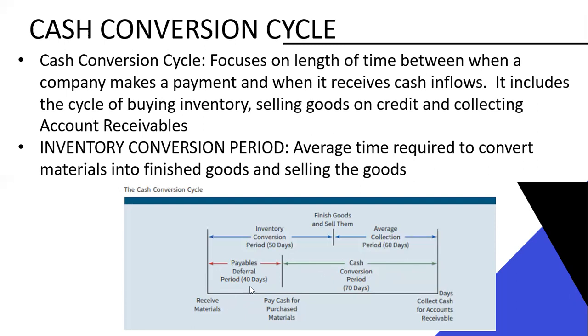If you have to pay money, you want a long time to pay it back, and if you have to receive money from customers, you want to receive it very quickly. Another terminology on this diagram is the inventory conversion period, the average time required to convert materials into finished goods and sell them. You then have the collection period. These are terminologies associated with the cash conversion cycle.